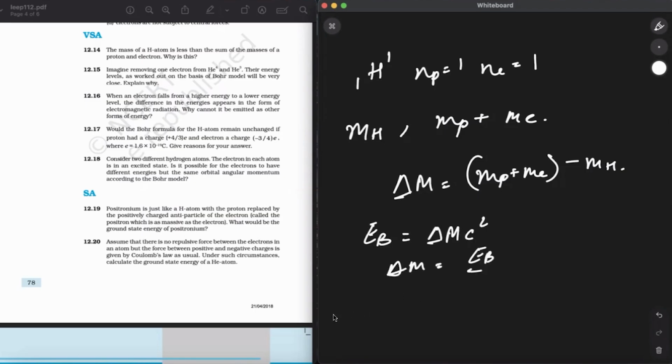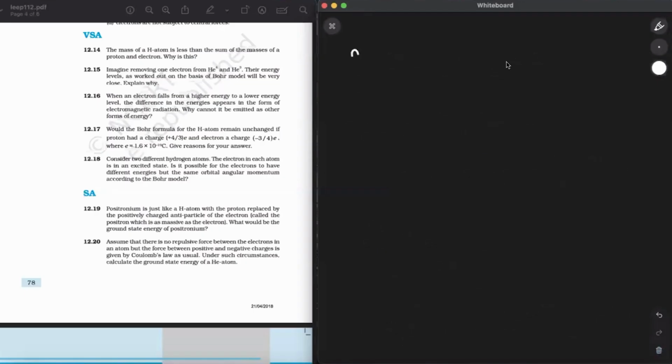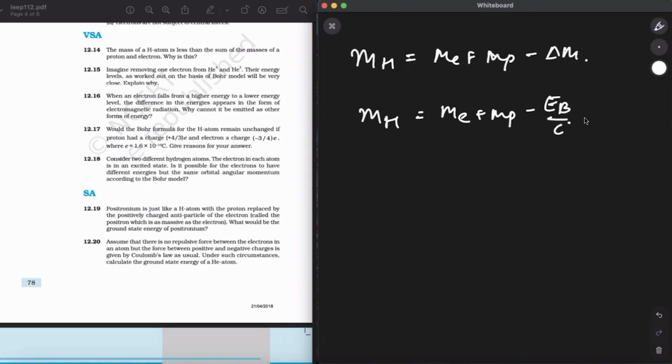If I want to write it correctly, it will be Z times the mass of proton plus A minus Z times the mass of neutron, minus this M. So the mass of hydrogen is equal to the mass of electron plus the mass of proton minus delta M. Written out, mass of hydrogen equals mass of electron plus mass of proton minus binding energy divided by c squared.